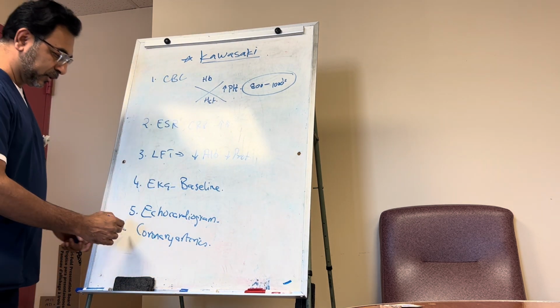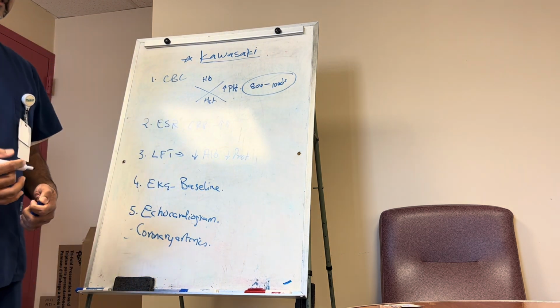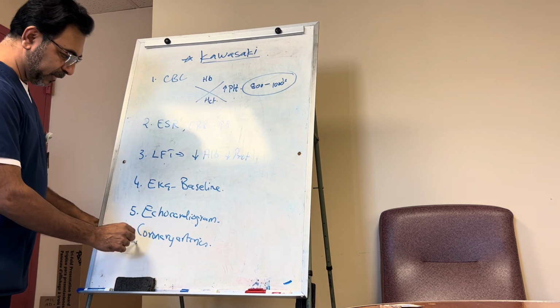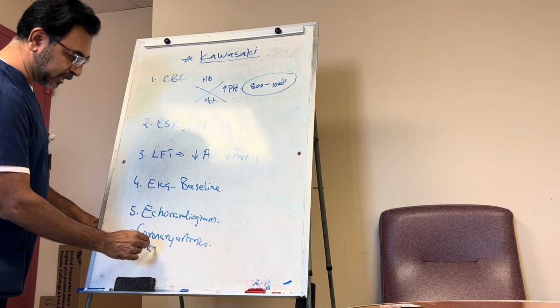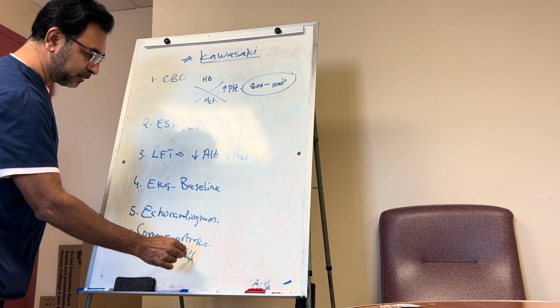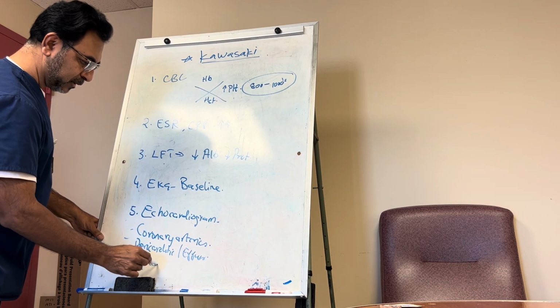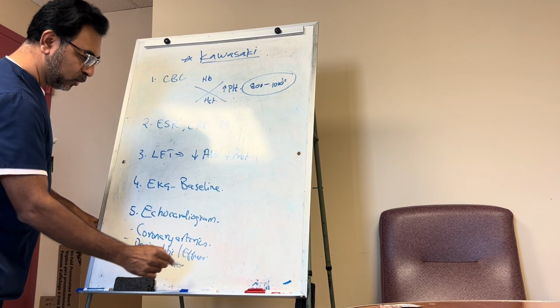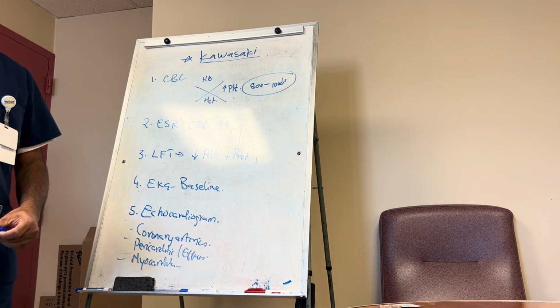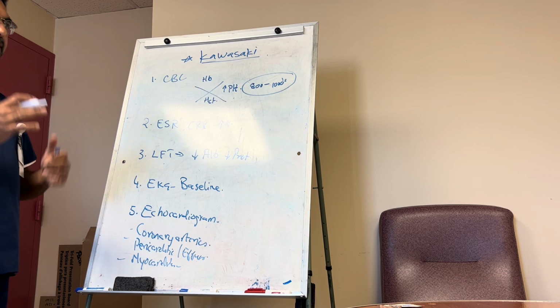Obviously, like I told you, it's not just the coronary arteries which are involved in patients with Kawasaki, right? So you can make the diagnosis of pericarditis if you have effusions, right? Myocarditis. If you have myocarditis, what findings do you see on echo? You have very poor function, okay?